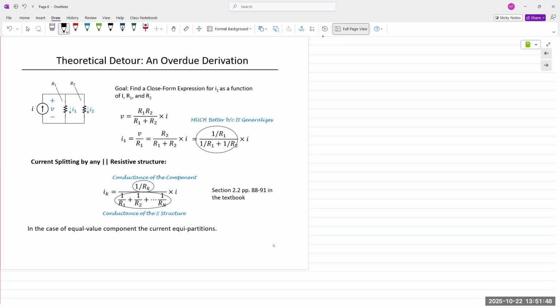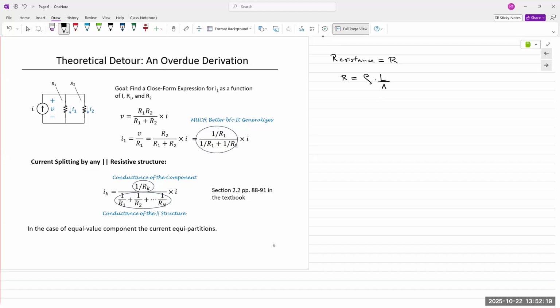So resistance is R, and R can be determined from this equation, rho L over A. Does that ring any bells? Rho L over A.